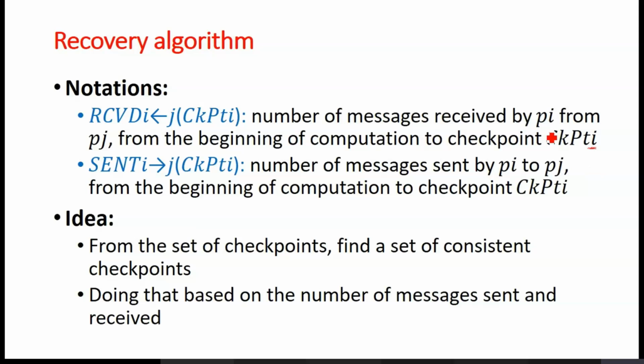This is very important, because the confusion is between received from Pj by Pi, and in reverse, sent by Pi to Pj. There are two processes involved here, Pi and Pj.